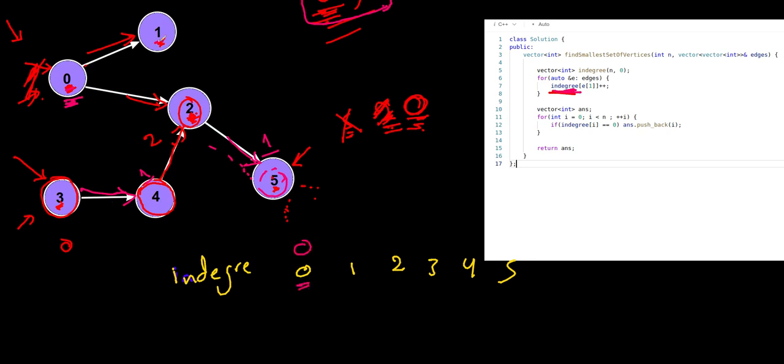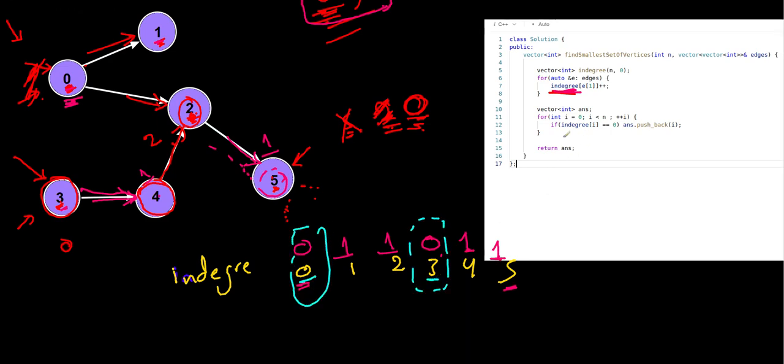In-degree of 1 is 1. Of 2, it's 1. In-degree of 3 is 0. Of 4, it's 1, because there is 1 edge coming into the node. And for 5, there is 1 edge. So we just look for the nodes that have 0 in-degree, in this case 0 and 3, and this will be the final answer.